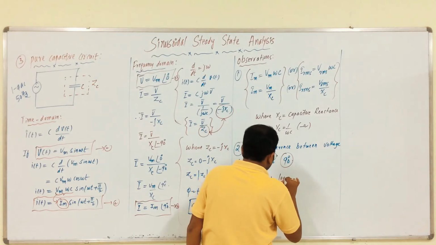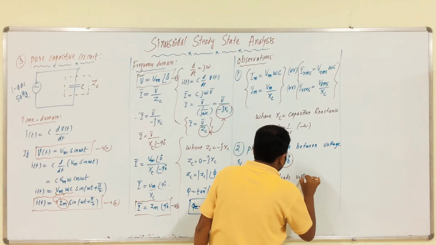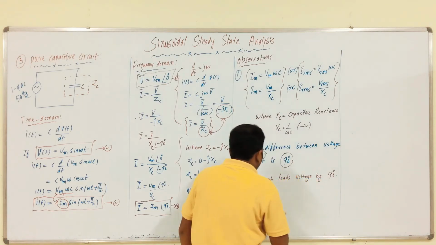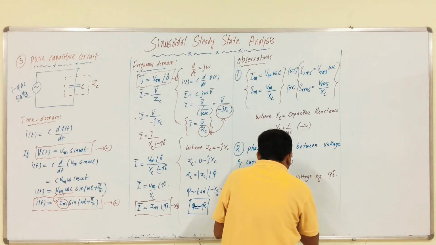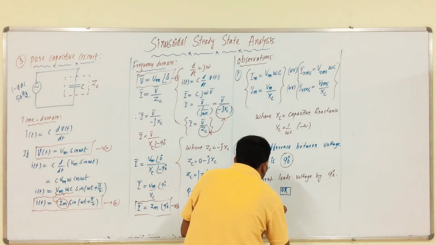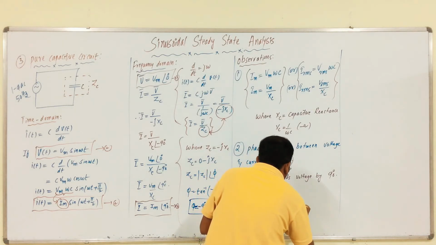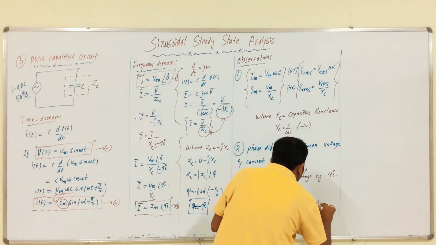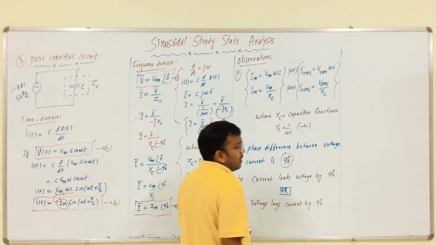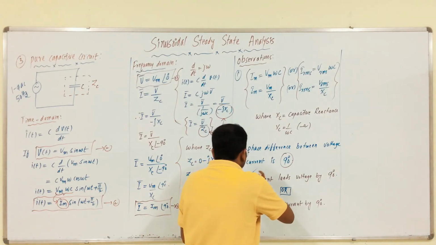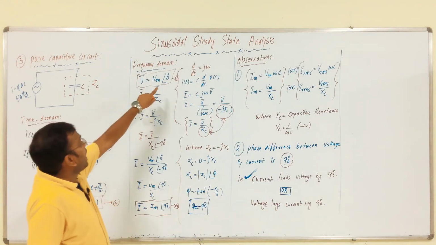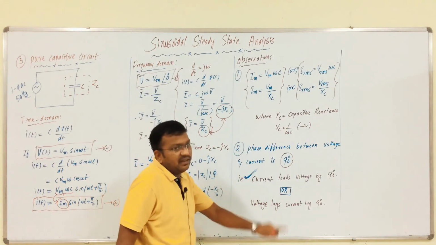Or we can say voltage lags current by 90 degrees. So which one is the appropriate statement? Always with respect to current you have to say, so this is more appropriate: current leads voltage by 90 degrees. See, Im at an angle 90, Vm at an angle 0. That is why current leads voltage by 90 degrees.